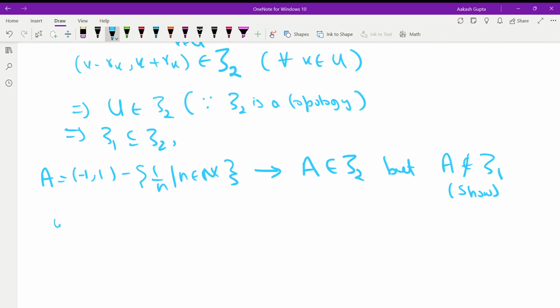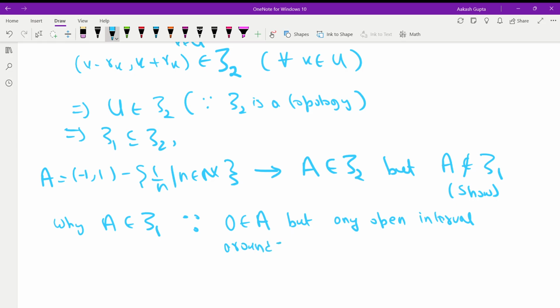So let me tell you why A does not belong to tau 1. Because if you take 0, see, 0 is in A, but any open interval around 0, say minus r to r, is not contained in A. Why? Because you are removing some points, right?